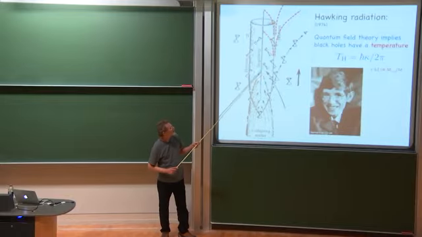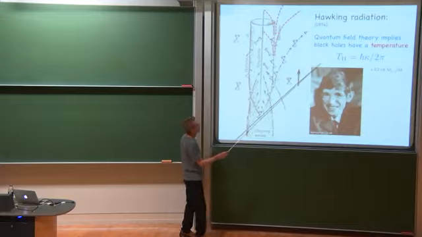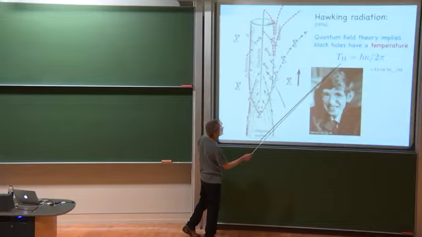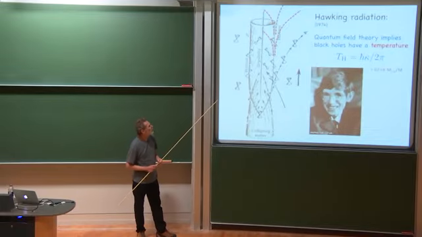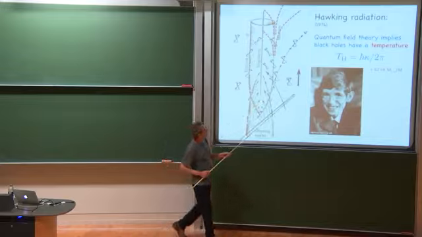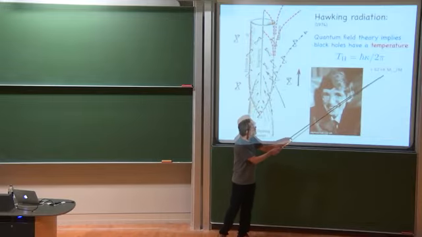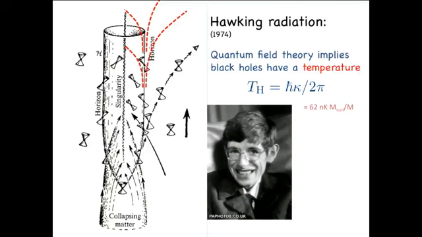And this happens to be something that leads to a thermal spectrum at the temperature T_H, which is actually proportional to the surface gravity, h bar over 2 pi times the surface gravity. This, by the way, numerically, I put a black hole of the mass of the sun, but I think I should take 30 solar masses instead, in which case this would be 2 nanokelvin.